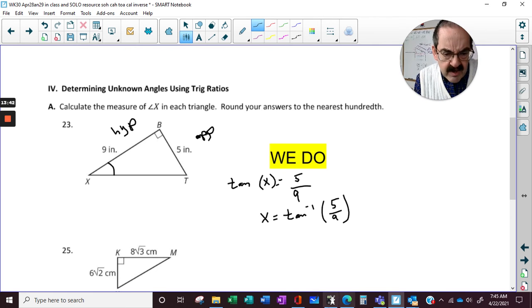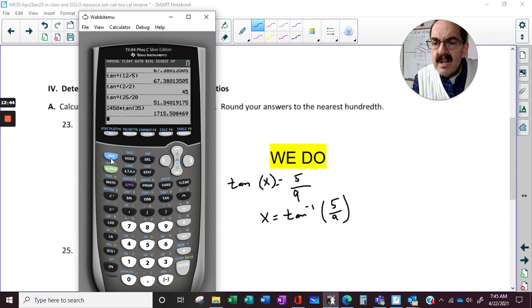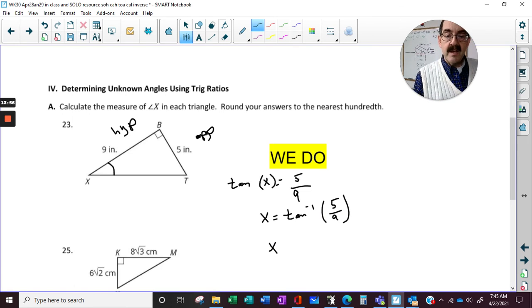Let's grab a calculator. Second inverse tan, arctan, the undo tan. 5 divided by 9. X equals 29.05 degrees. Yep, 29.05. Okay? All right.